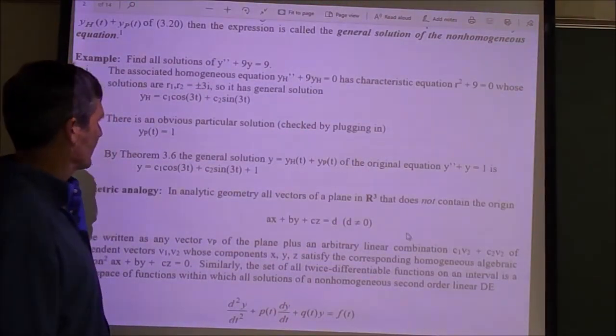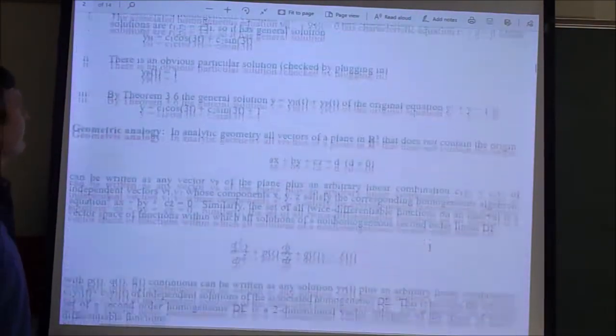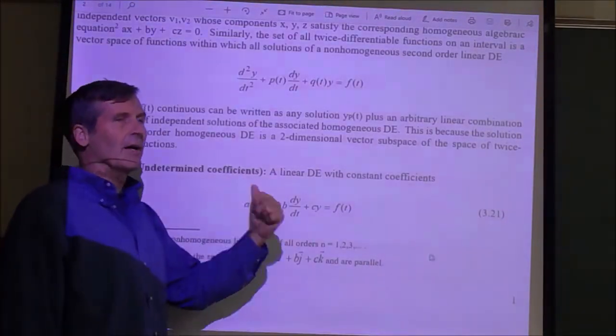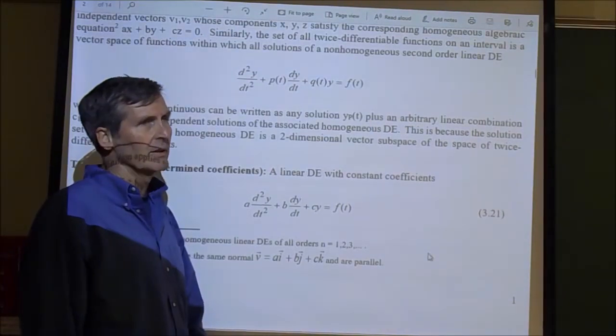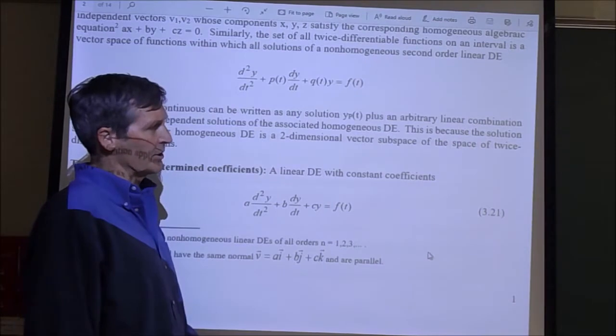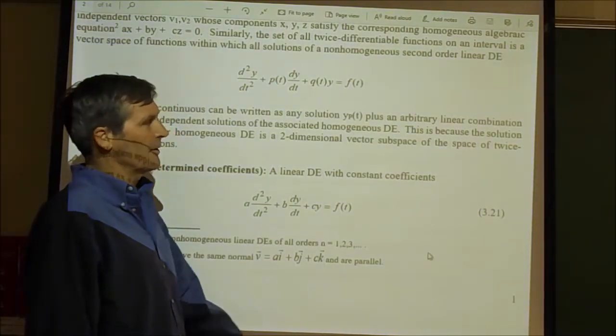Right? We've got all the solutions. So it's a 1, 2, 3 method. Find any particular solution whatsoever. Find the general solution of the homogeneous equation, and then add the two together.